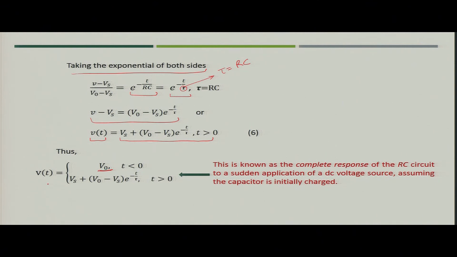So, we can say that when we apply a step input to the RC circuit, the capacitor which was initially charged with voltage V naught will remain the same when time t is less than 0, and when time t is greater than 0, this value can be calculated with the help of this expression, that is Vs plus (V naught minus Vs) into e to the power minus t by tau, and this is known as the complete response of the RC circuit to a sudden application of a DC voltage source, with the assumption that the capacitor is initially charged.